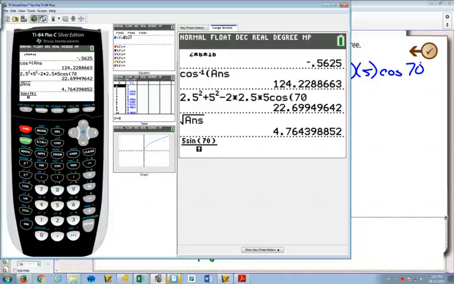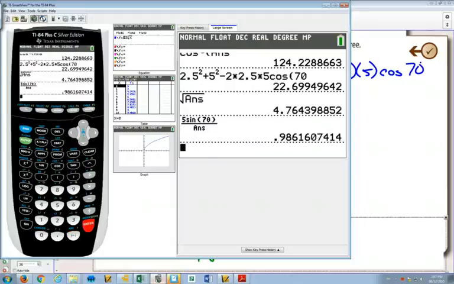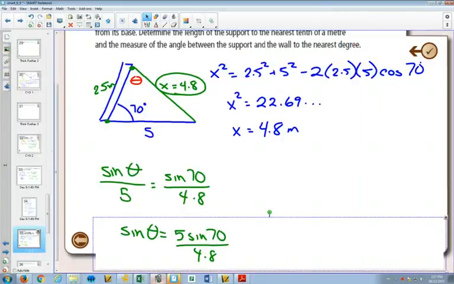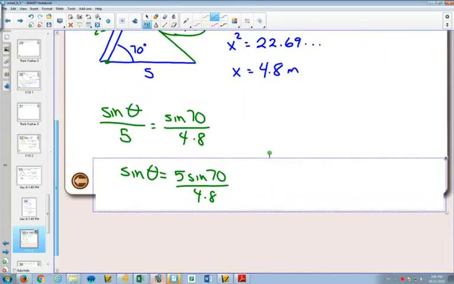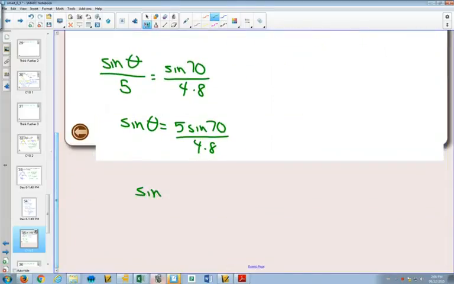I'm just going to go second answer so that I use my answer that I had there before, and that keeps all of those decimal places. And I get 0.9861. Well, we write that in to figure out where we are in our equation.